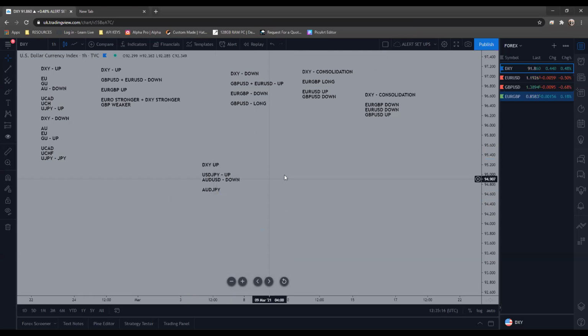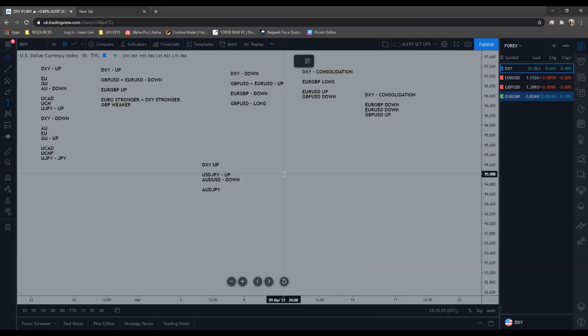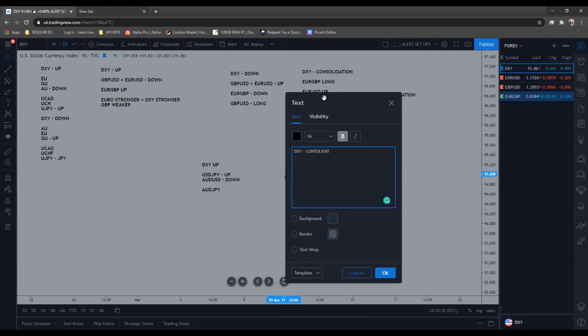Now, let me have a look at this. We've got Dixie, which is going to consolidate. If Dixie consolidates and AUD JPY is going up, so long, this is going to take a little bit of thinking.